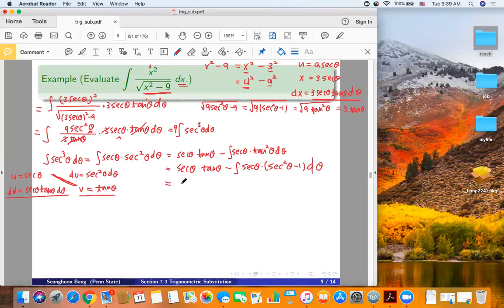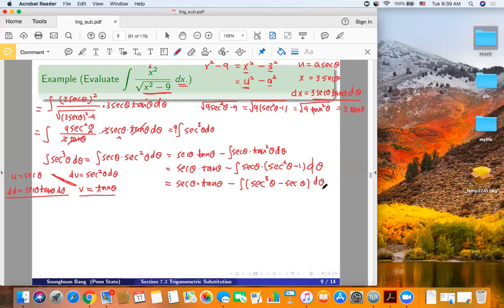You can distribute secant theta: secant cubed theta minus secant theta.